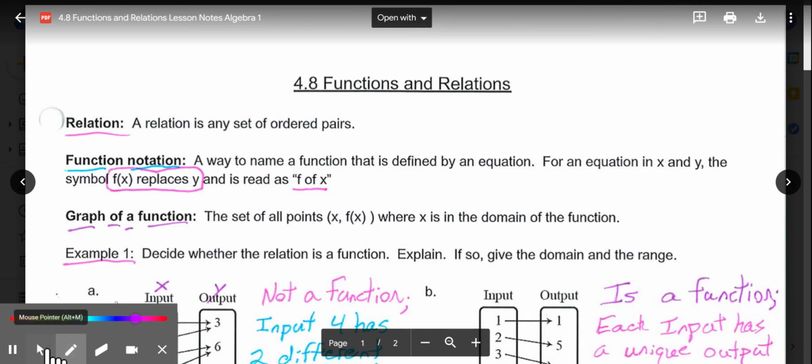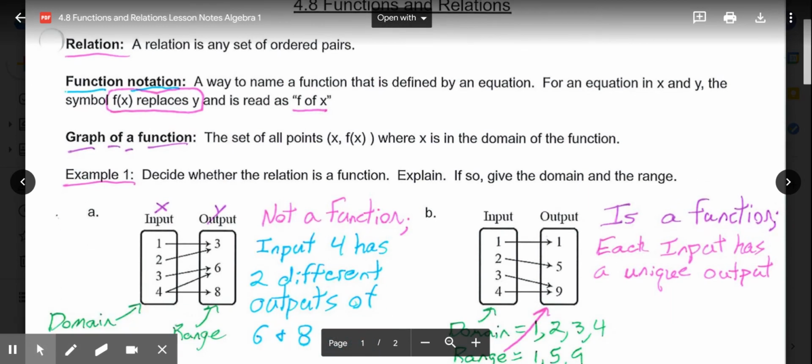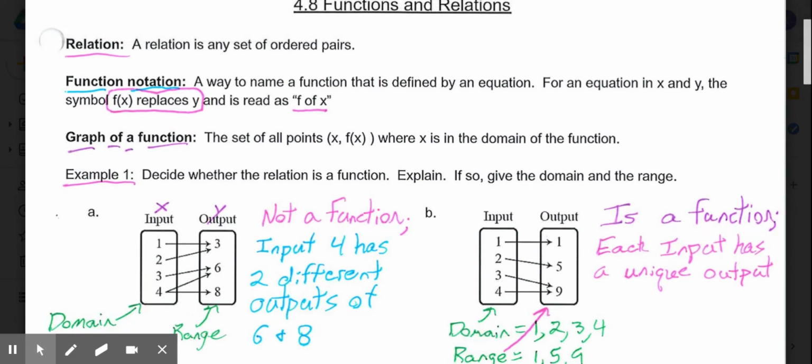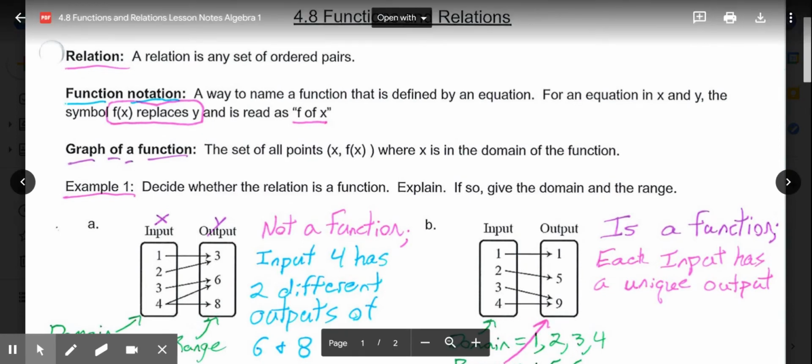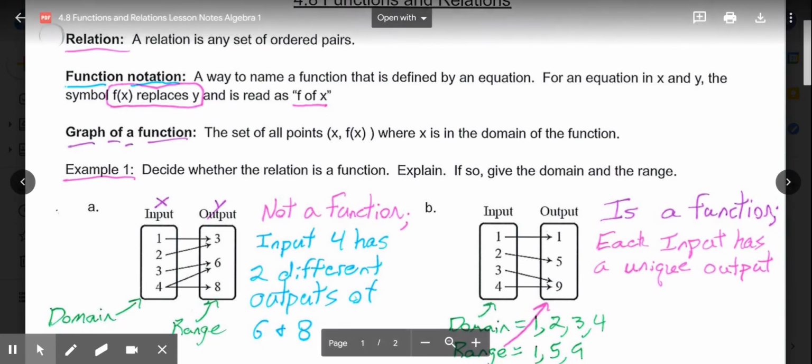So our examples. First, we're just looking at whether the relation is a function. So remember, a relation is any set of ordered pairs, and input-outputs are ordered pairs. This could be written as (1, 3), (2, 3), (3, 6), (4, 6), and (4, 8).